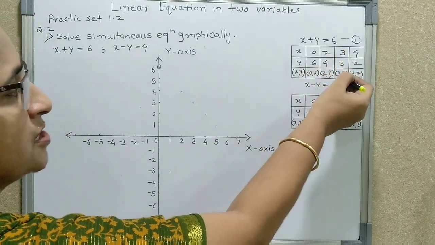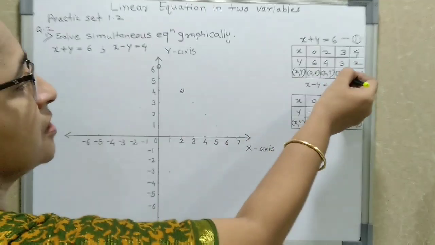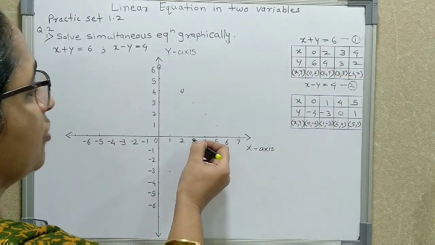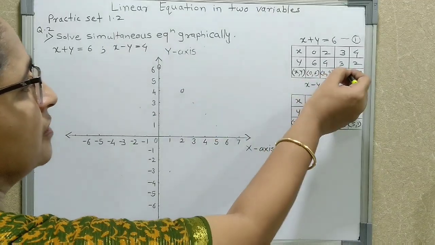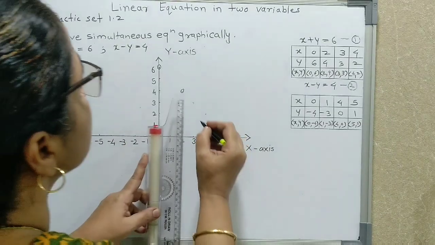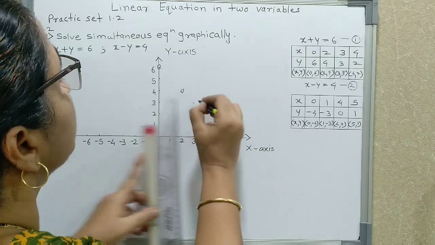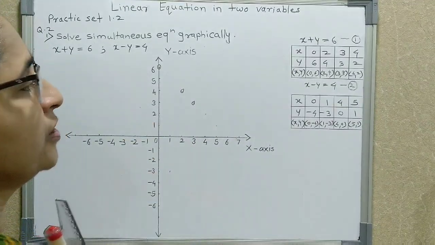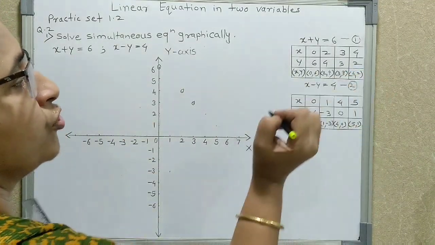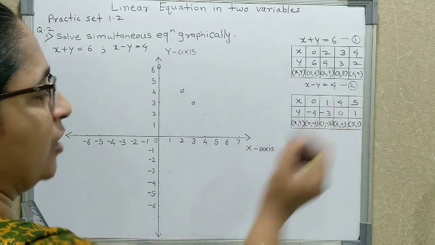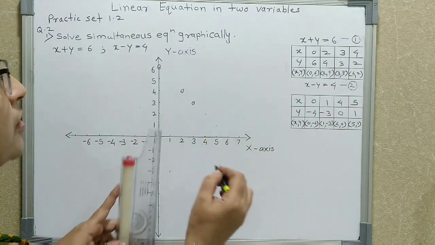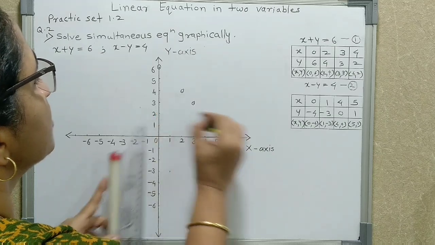Now the third point is (3, 3). 3 is the coordinate on the x-axis and this one is on the y-axis. So we take here 3 and this side. Now next is (4, 2). 4 is the coordinate of x and 2 is the y coordinate. So here 4 and this 2.